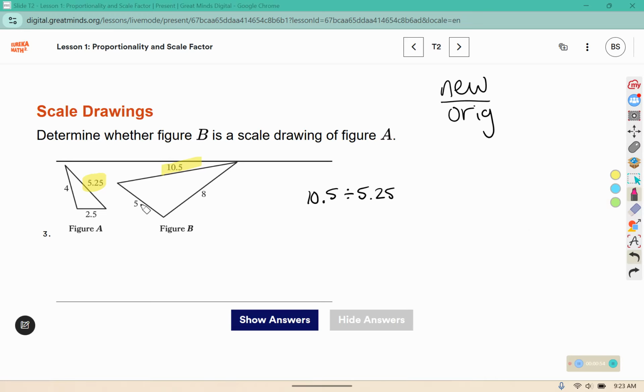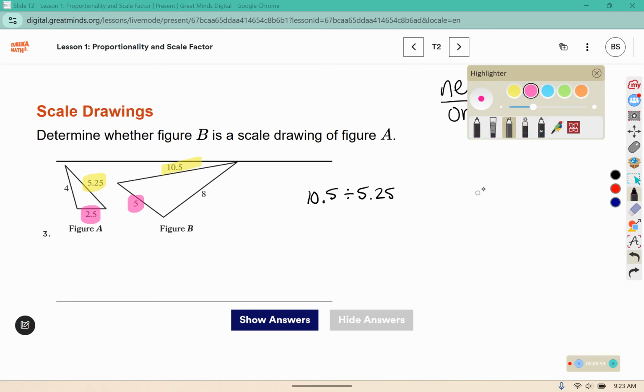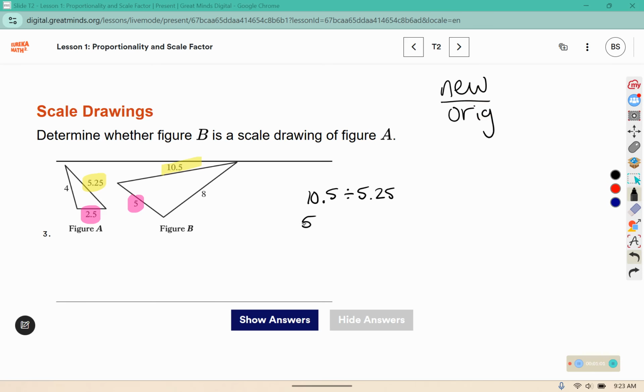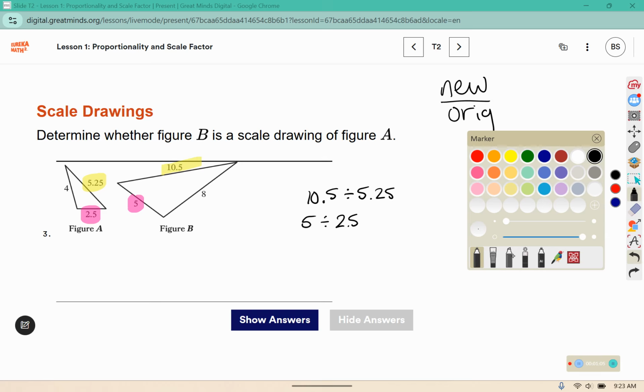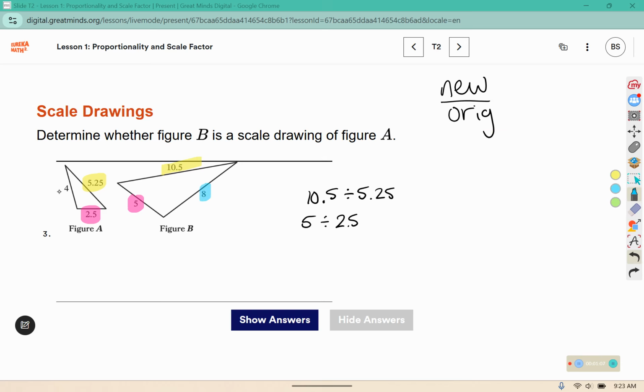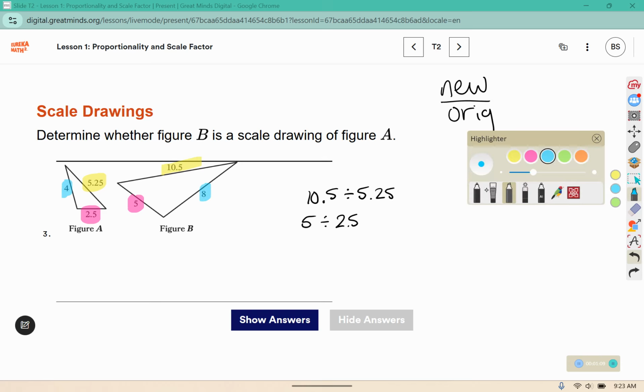The smallest side in this one is 5, and the smallest side in this one is 2.5. The medium side length is paired up with the medium side length.